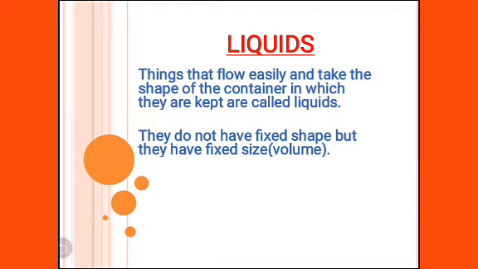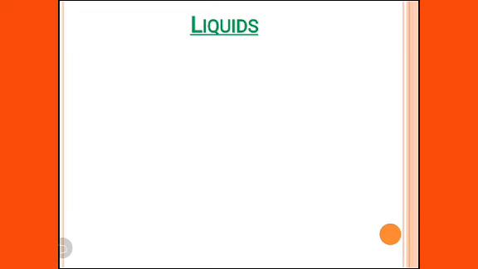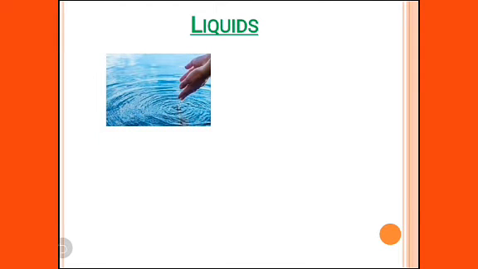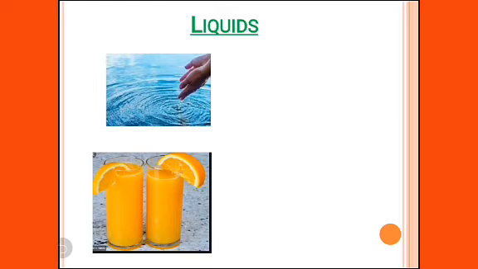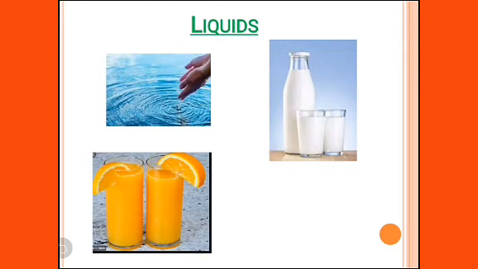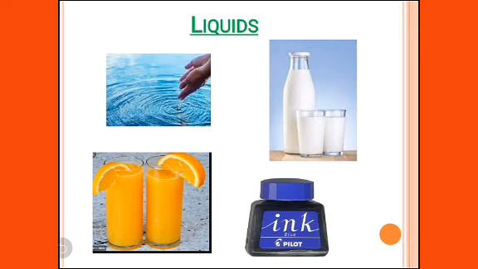So, here are some examples of liquids. And yes, you can easily identify it. That is water, which is very much essential for our survival. Here is juice. And yes, it is milk, followed by ink. So, all these are liquids because they do not have a fixed shape and they take the shape of the container in which they are kept.